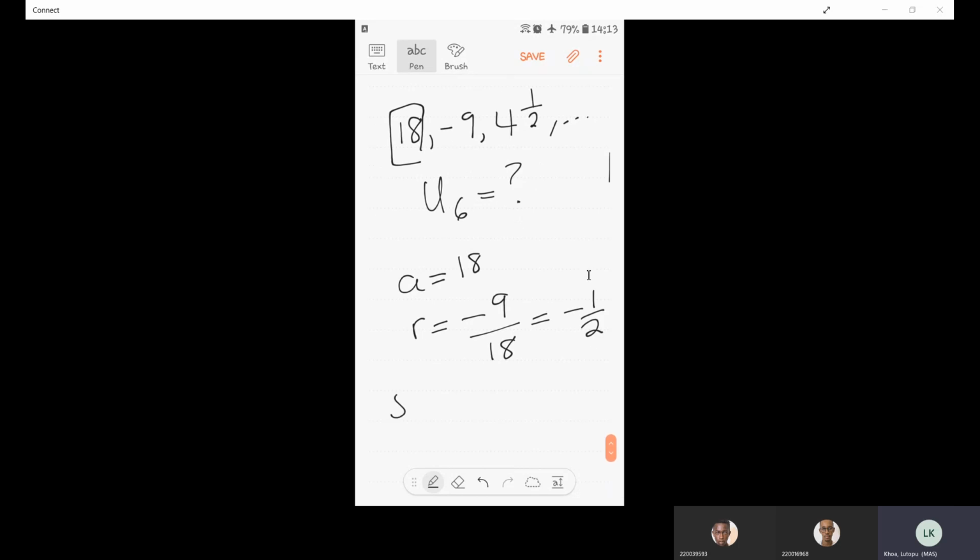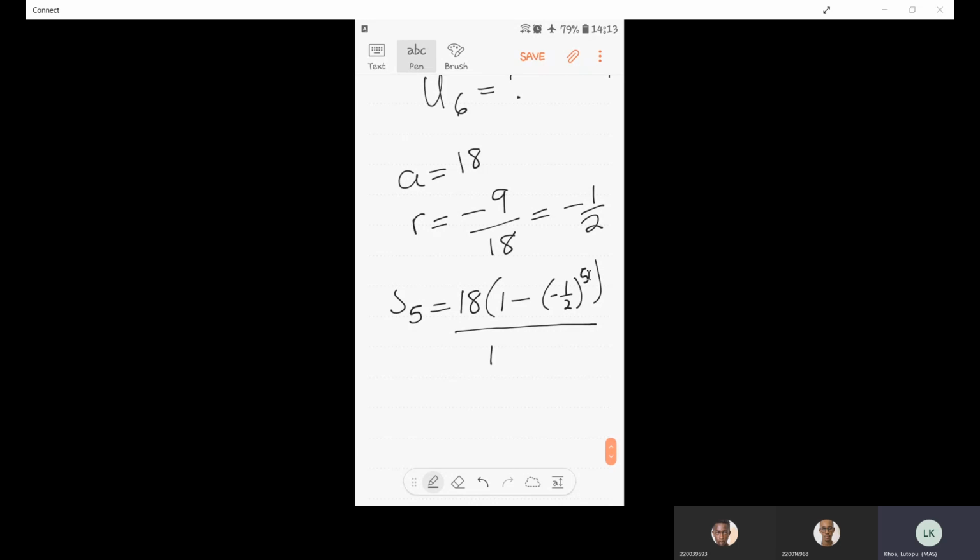So we know that S5 is A, which is 18, times 1 minus R, which is -1/2, to the power of 5. Then I divide this by 1 minus -1/2. Again, you do this on your calculator.